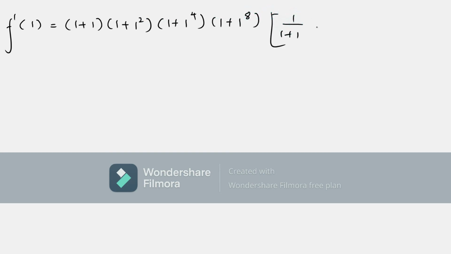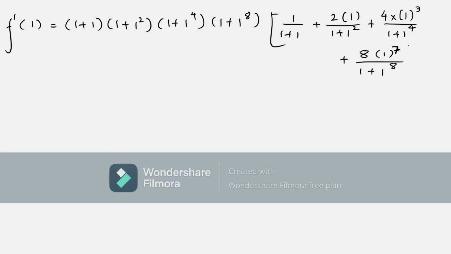f'(1), how do we do it? We'll substitute: 1 plus x becomes 1 plus 1, 1 plus x square becomes 1 plus 1 square, 1 plus 1 to the power 4, 1 plus 1 to the power 8. In the bracket, 1 by 1 plus 1, plus 2 into 1 upon 1 plus 1 square, plus 4 into 1 cube upon 1 plus 1 to the power 4, plus 8 into 1 to the power 7 upon 1 plus 1 to the power 8.